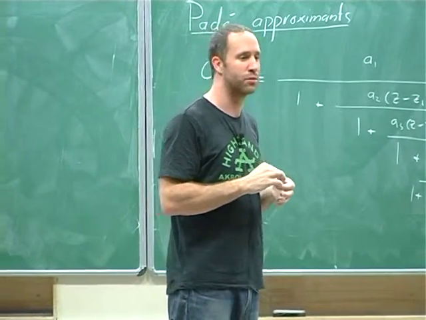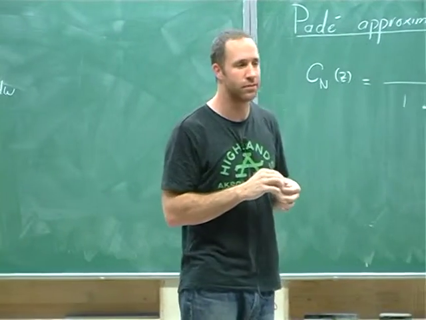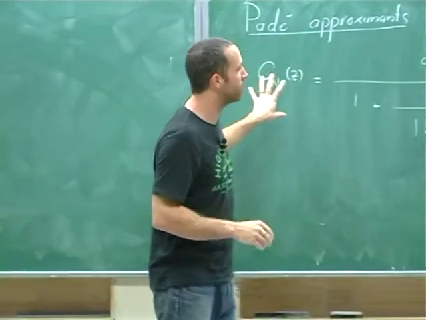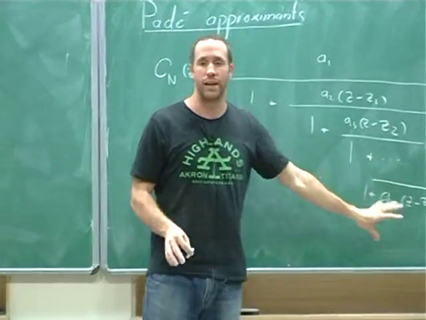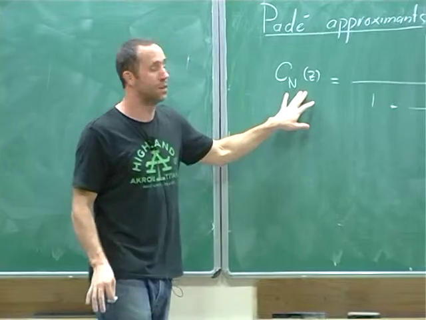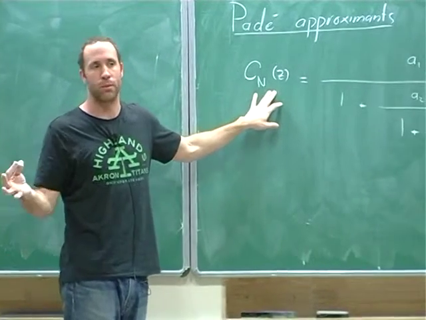I'll come to the pros and cons. Let me just quickly finish here. Once you have found the set a1 to a_n, this function is completely defined all over the complex plane.